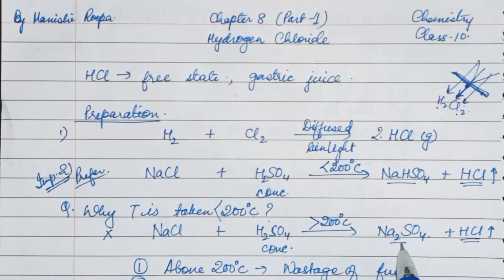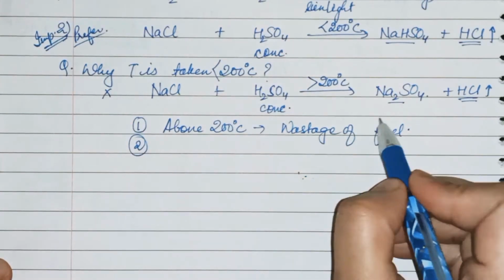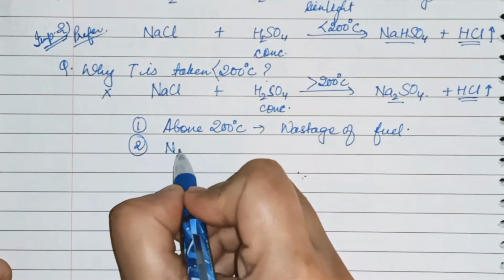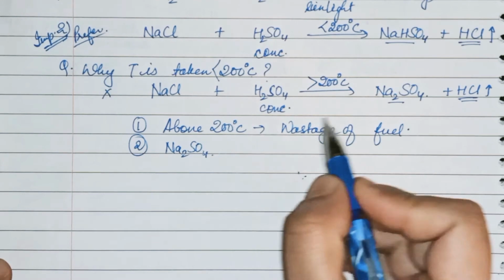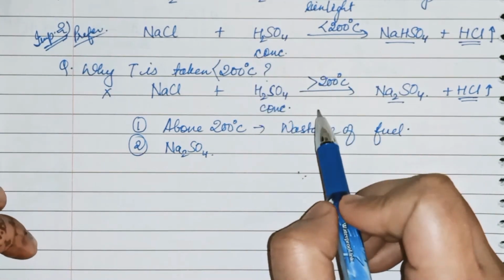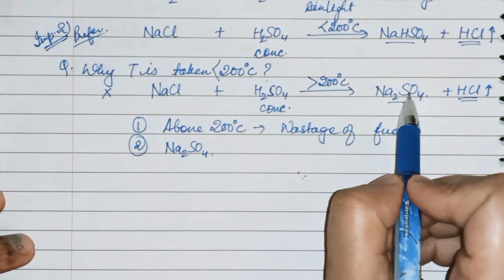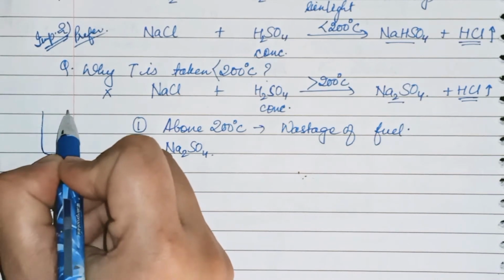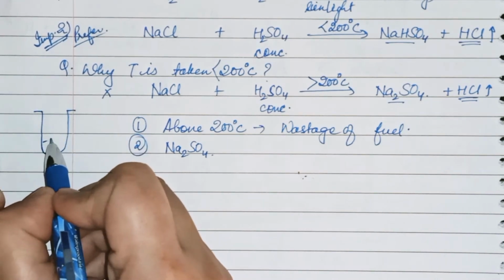and here sodium sulfate, Na2SO4. The second condition is that sodium sulfate forms when the reaction is taking place in a glass test tube.